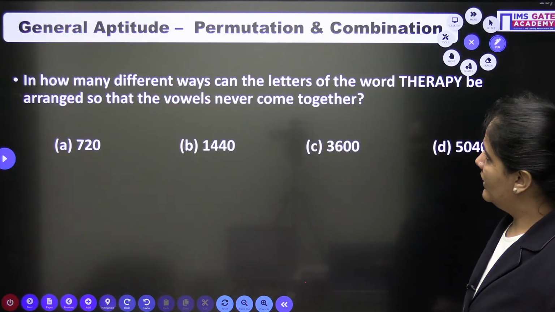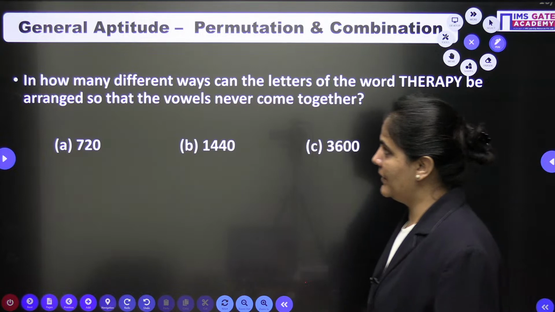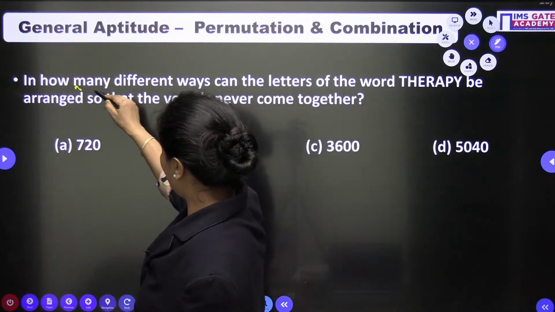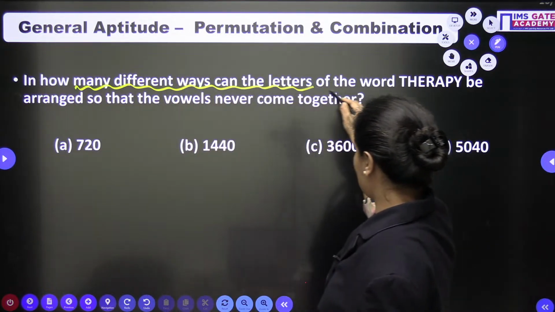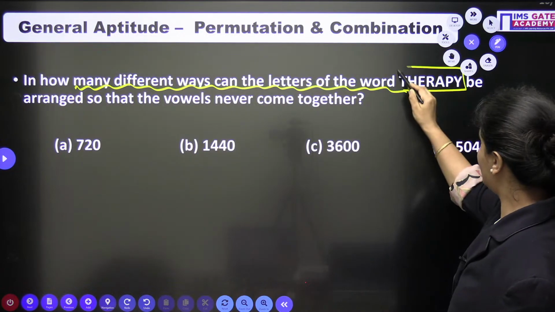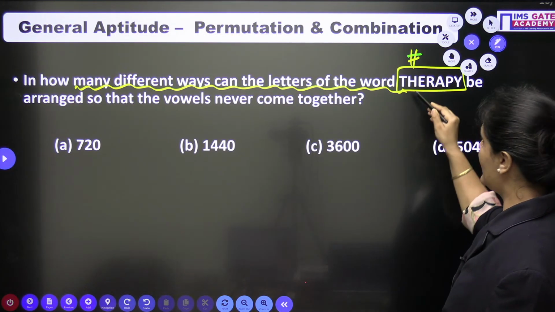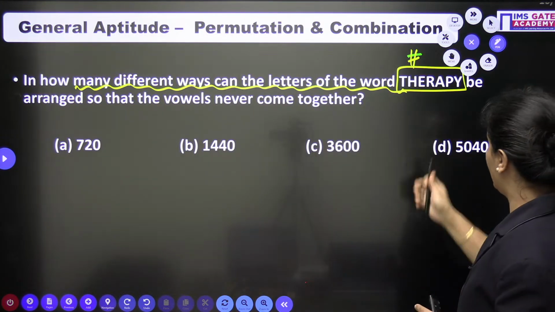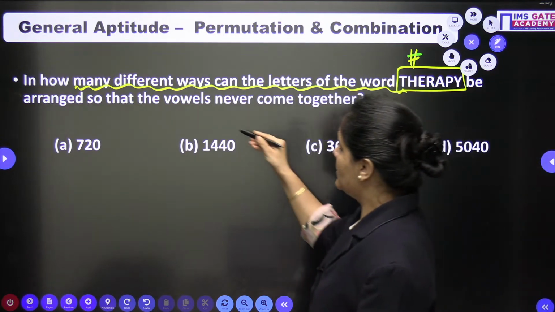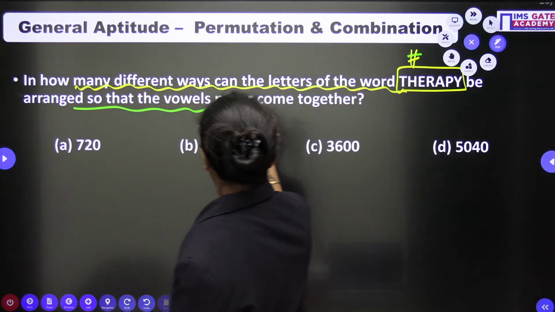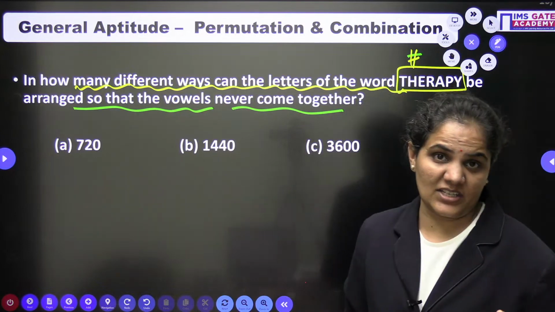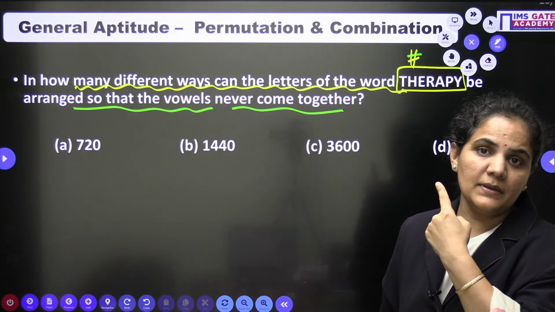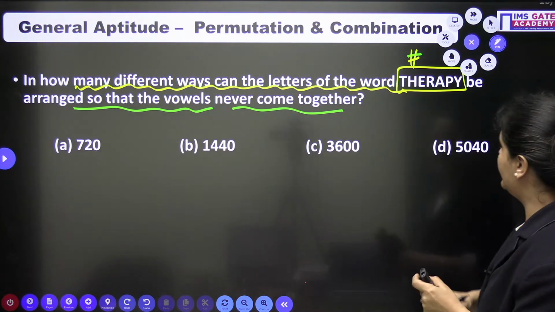Chalo. Now let's come to the next question, a simple question. In how many different ways can the letters of the word therapy, T-H-E-R-A-P-Y, be arranged so that the vowels never come together? Vowels in this word therapy never come together.